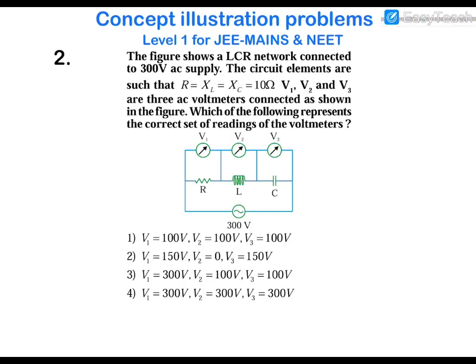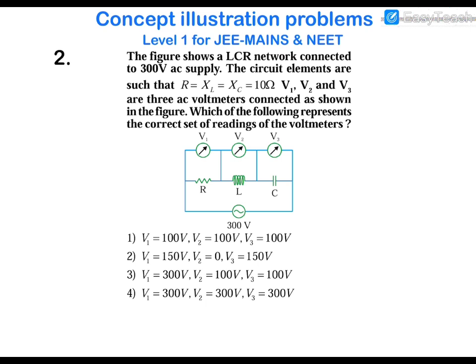In this question, you can see that there is a series combination of R, L and C. This is a series LCR circuit, and across each of these elements, a voltmeter is connected, V1, V2 and V3. Now, it is also given in the question that XL, XC and R are equal, and each of them is equal to 10 ohms.